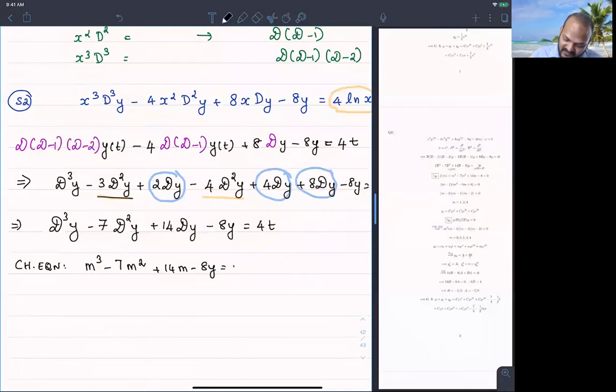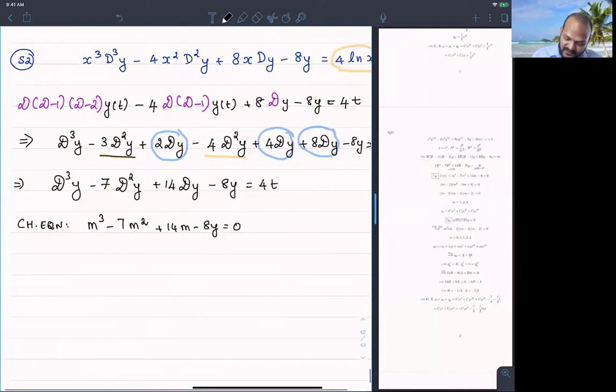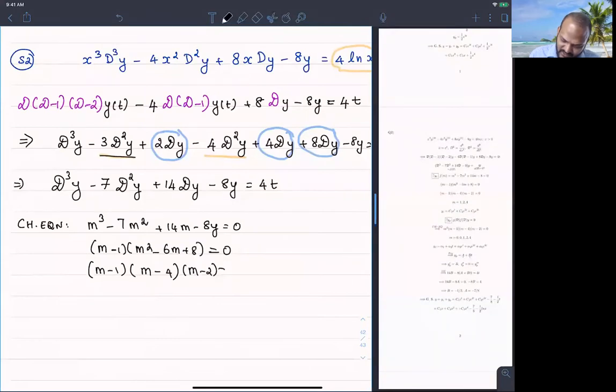If I factor this out, I am going to have m minus 1 times m squared minus 6m plus 8 equal to 0. If I further factor this out, I am going to have m minus 1 times m minus 4 times m minus 2 equals 0. That tells me m equals, in increasing order, 1, 2, and 4.